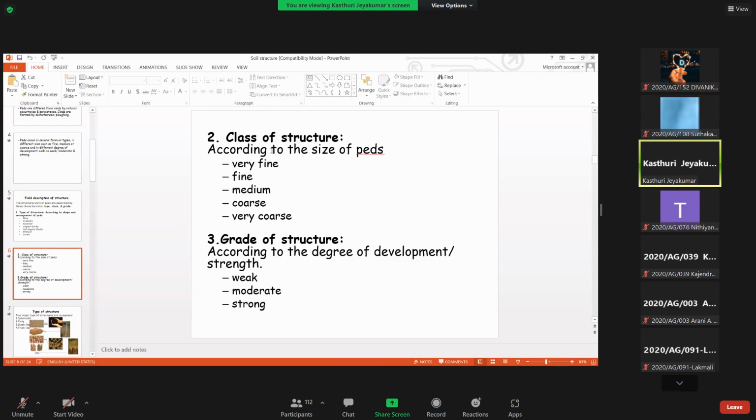For the final or mid examination: classify the structure based on type or class or else grade and give one example for each.